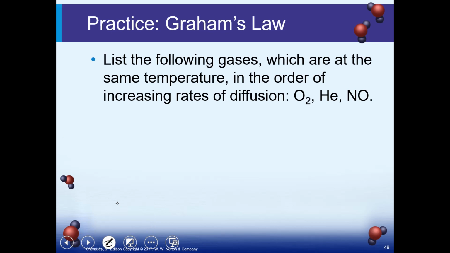List the following gases, which are at the same temperature, in the order of increasing rates of diffusion. So if we calculate the molar masses of each of these gases, which we need to do in order to put them in order, helium has a molar mass of 4.04 grams per mole.